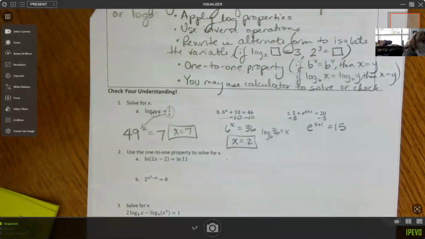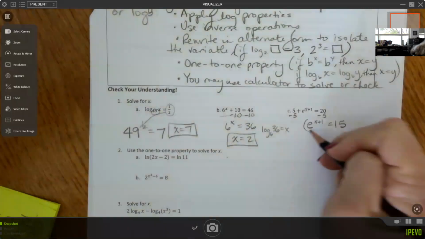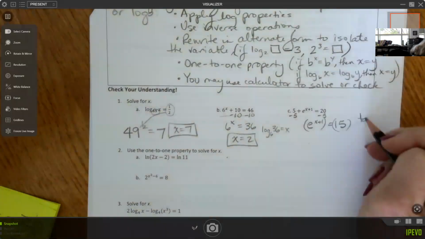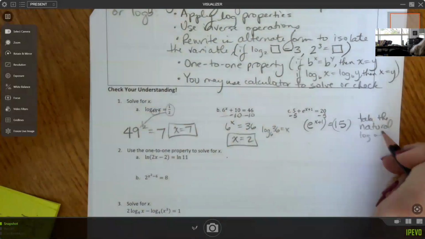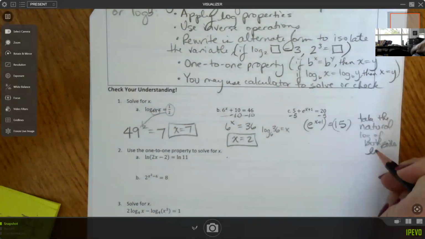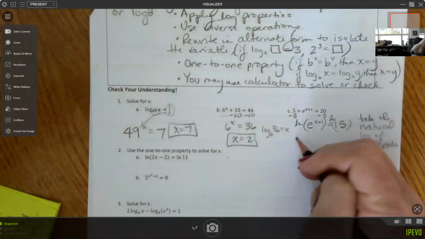Because it's going to really help, especially on this side. So I'm going to write here, I am taking the natural log of both sides. ln. So I'm going to say ln, and this means, right, log base e.